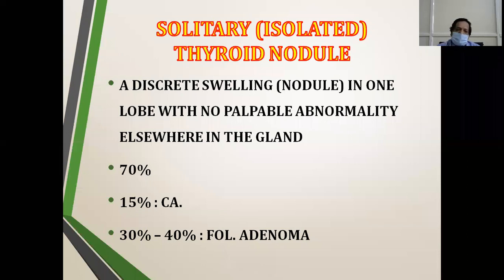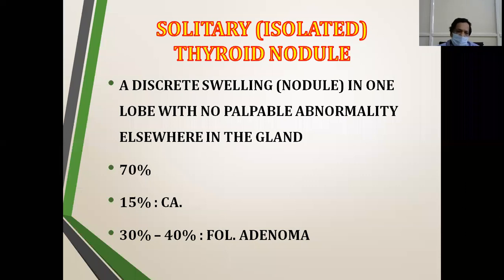When you have follicular adenoma in 30 to 40%, you have to differentiate it from follicular carcinoma. How do you differentiate it? By vascular invasion and capsular invasion. That differentiates whether it is a benign follicular adenoma or an invasive follicular carcinoma.